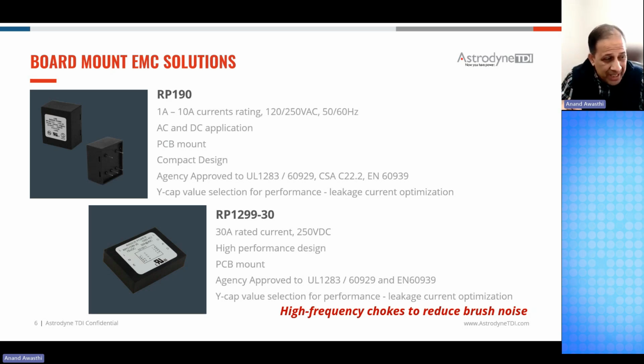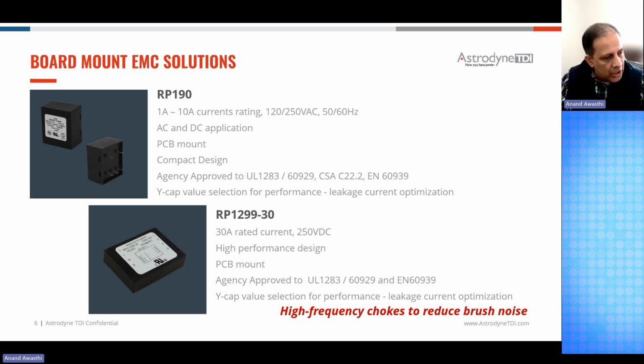Those numbers are listed there. So you can pick any of those Y caps based on what your leakage current needs are. If you are already close to the leakage current limit that you have to meet, you can always pick a lower Y cap value. Now let's say the Y cap value you really need is not there. Let's say you're looking for 0.33. You can pick 0.33. It's not on the list, but it's still covered under our agency approval. So any of those Y cap values you pick is covered under agency approval and is a standard product for us.